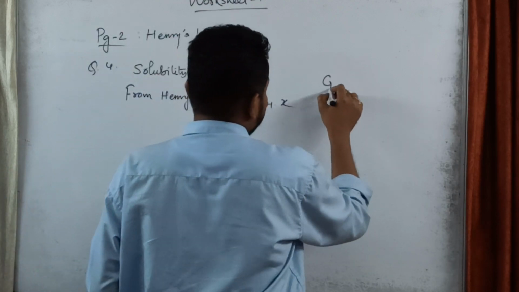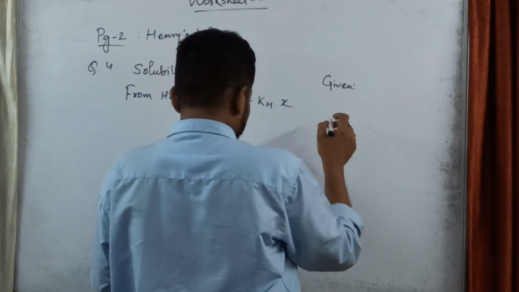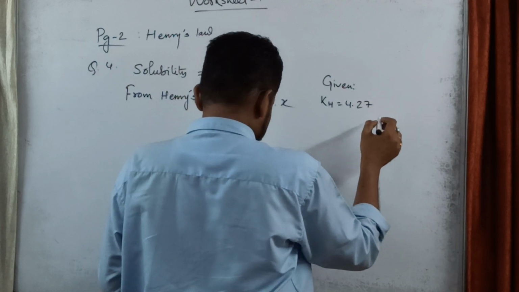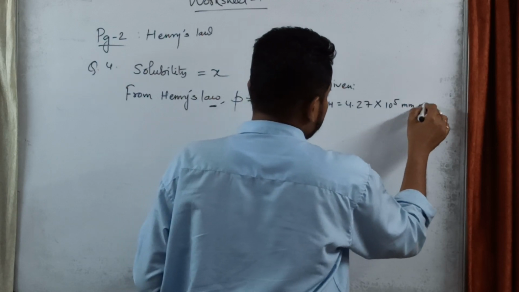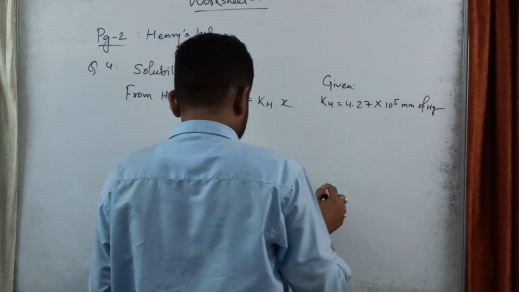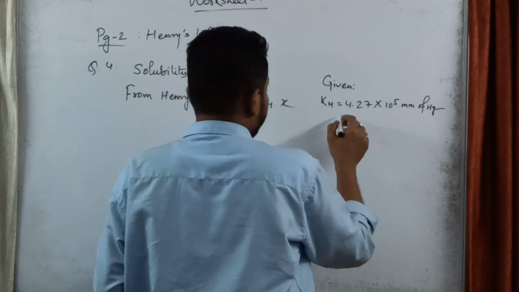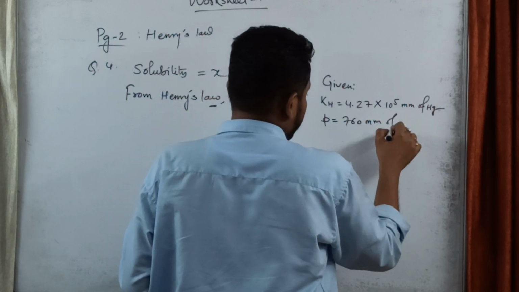Now what are the given things? The Henry's law constant is given, that is 4.27 into 10 to the power 5 millimeter of mercury. Another thing given is the pressure, that is 760 millimeter of mercury.